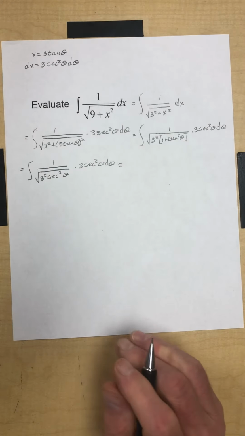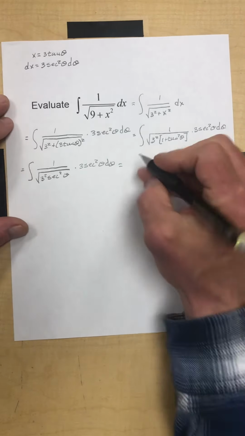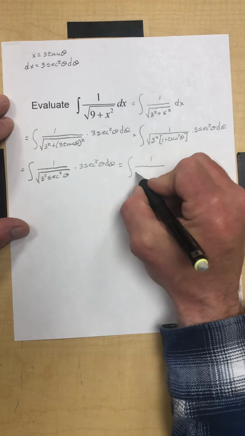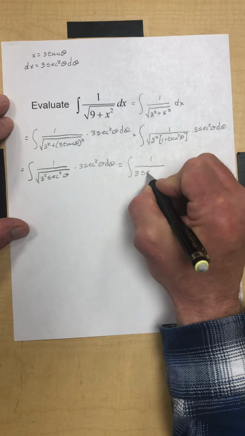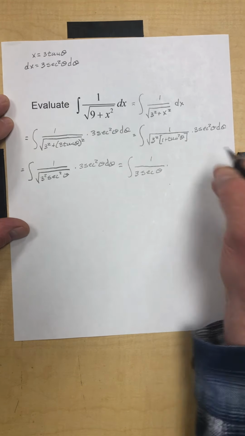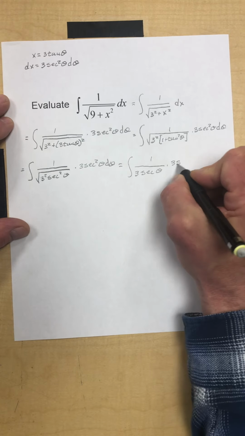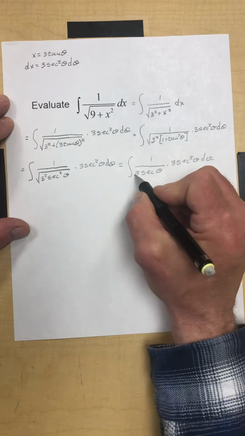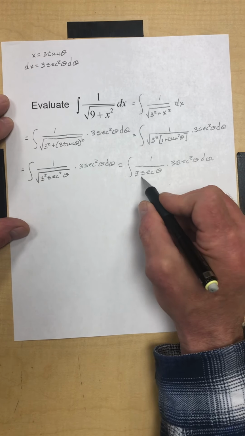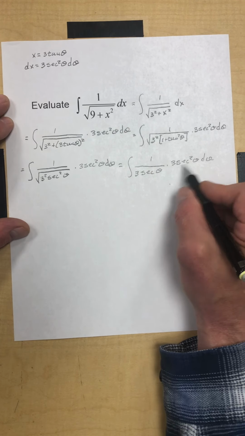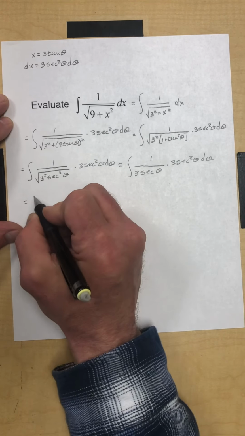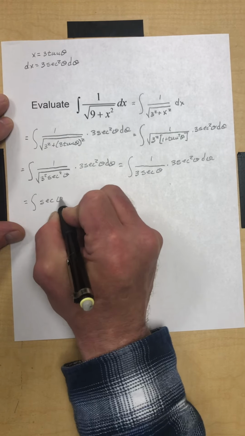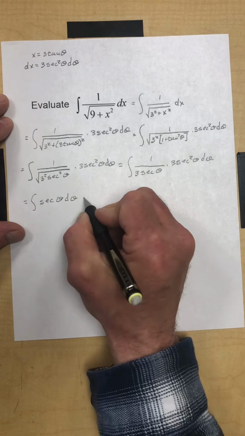Notice that my radical is a perfect square, so if I take the square root of that, I'm going to get 3 secant of theta, and then up here I've got 3 secant squared theta d theta. So obviously the 3's are going to cancel, and then one factor of secant will cancel with one of them up there, and so I'm left with a factor of secant theta d theta.